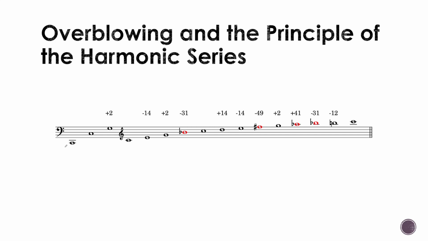This fact brings some problems. This is the harmonic series of C1, and you see some pitches do not correspond to our well-tempered tuning. Those are the values of deviation in cents.